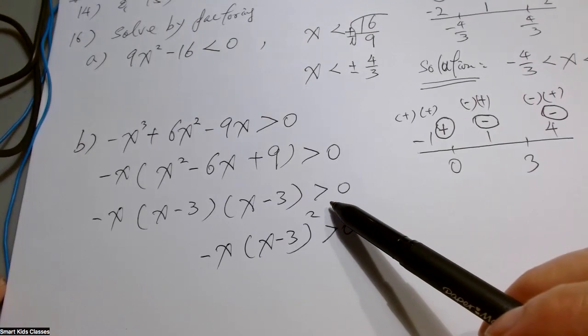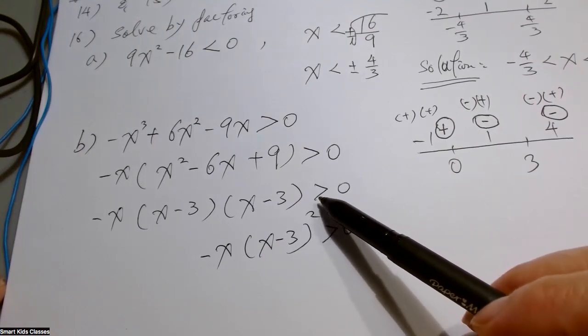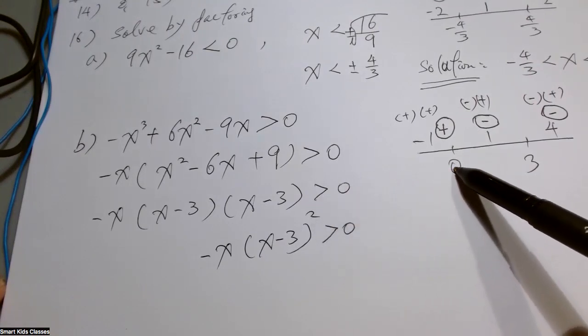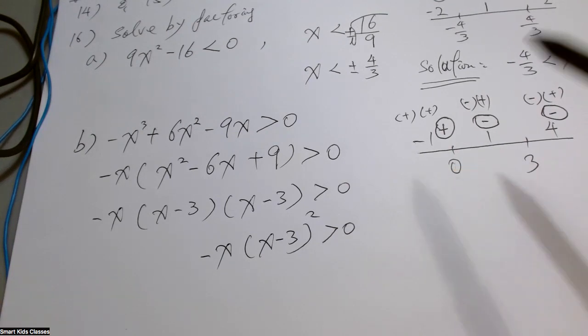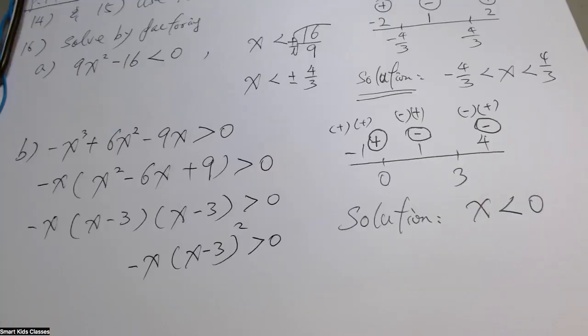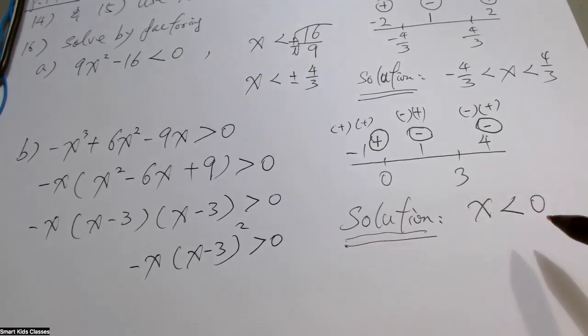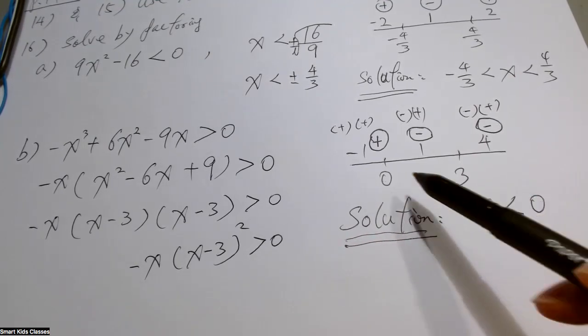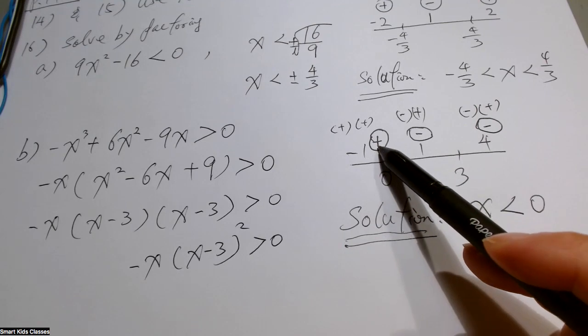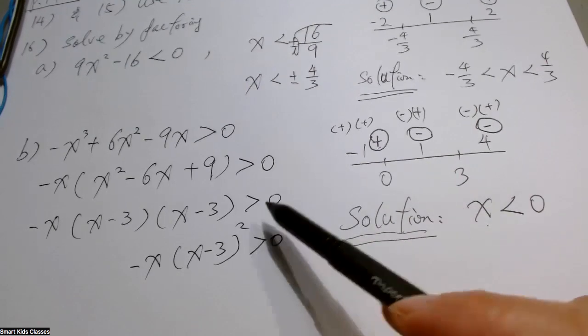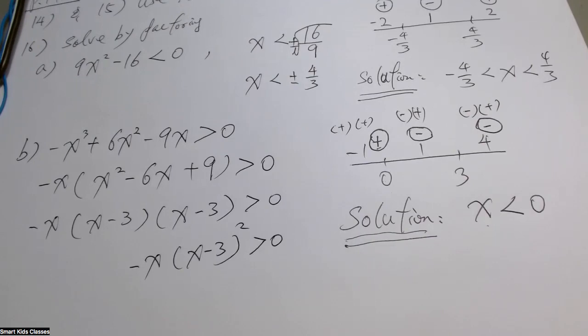So the solution is the one that is larger than 0. Therefore, only when x is smaller than 0 is the solution. So we're going to write it down. Now we solved it. The solution is x smaller than 0. Only this one is the positive one. Good. Very well.